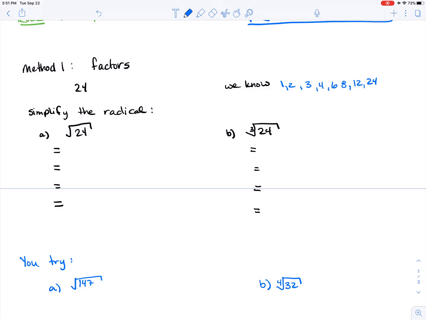We know that. So in order to simplify it, I need to look at a couple of things. What are the perfect squares, or the perfect cubes, or the perfect fourths in the factors?